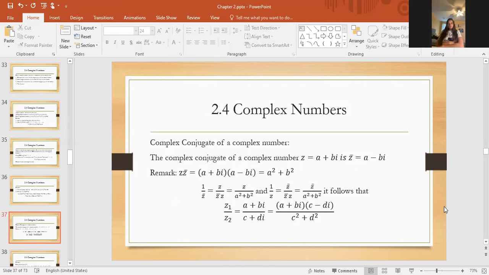So 1 over z bar is equal to z over a squared plus b squared, and 1 over z is z bar over a squared plus b squared. Those are formulas for the use of a complex conjugate.